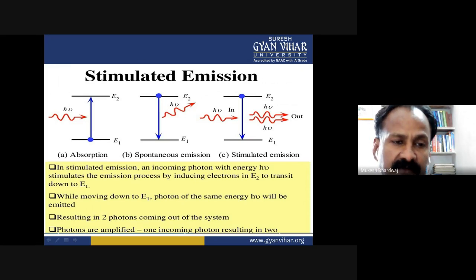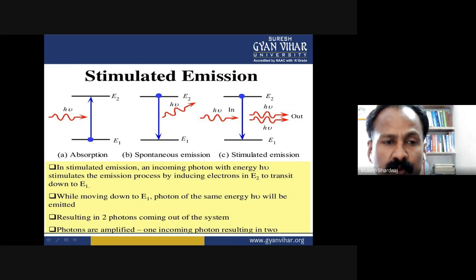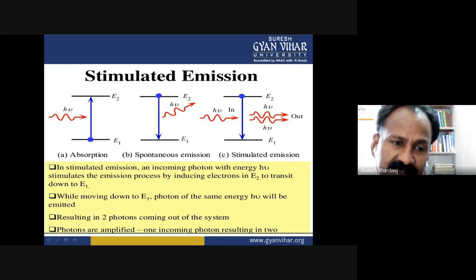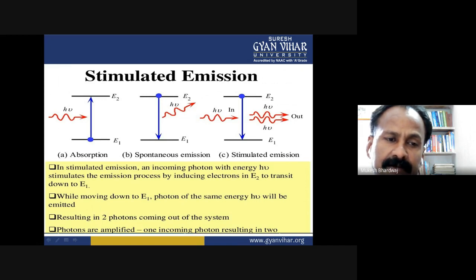Kindly observe a photon of energy h nu striking an atom in the first figure, that is the absorption. That energy is being absorbed by the atom, and it jumps to the energy state E2 by consuming that energy.